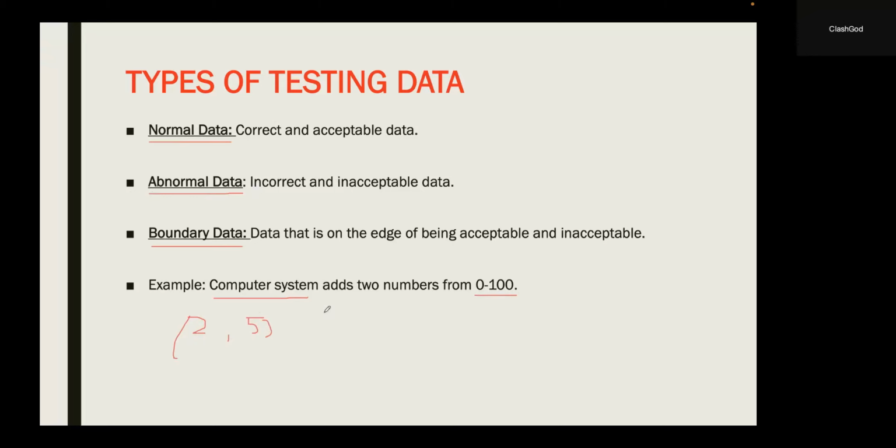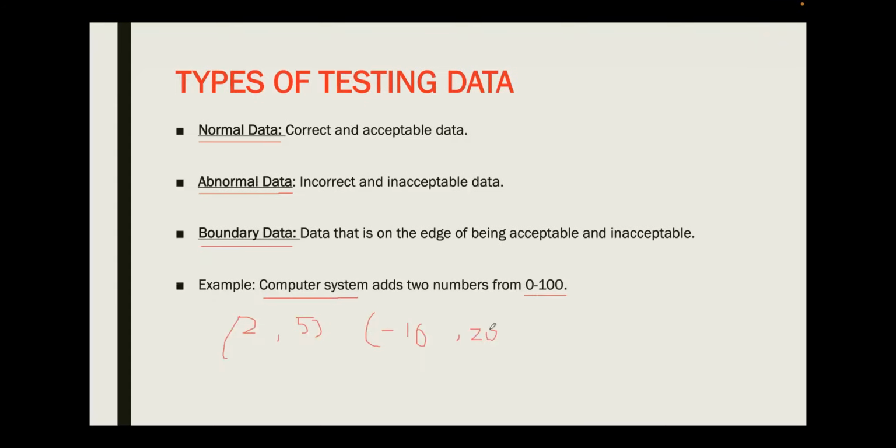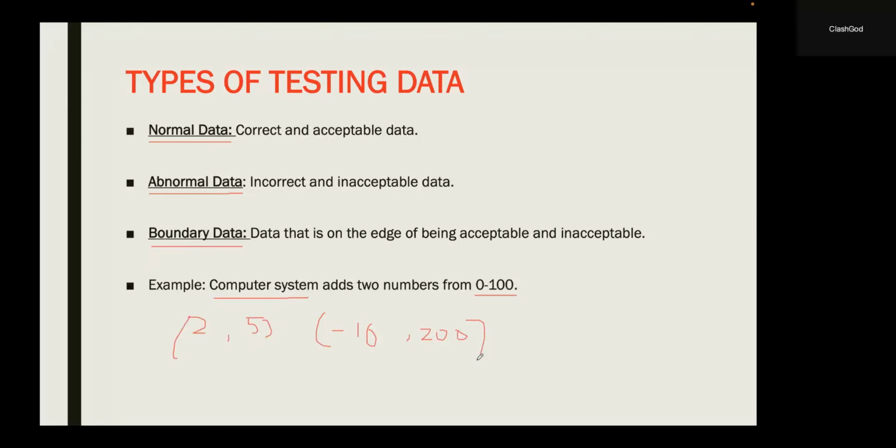Now, if we pass together, for example, a set of numbers like -10 and 200, this is a set of abnormal data. We have to see if the computer system recognizes that this set of data does not work, because it is out of the bounds and it is incorrect.